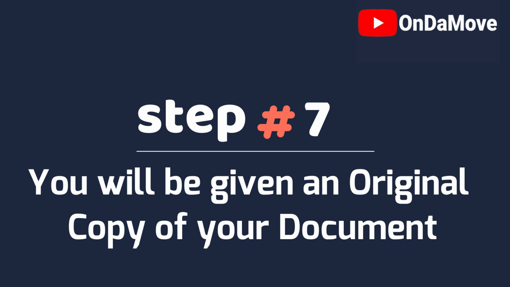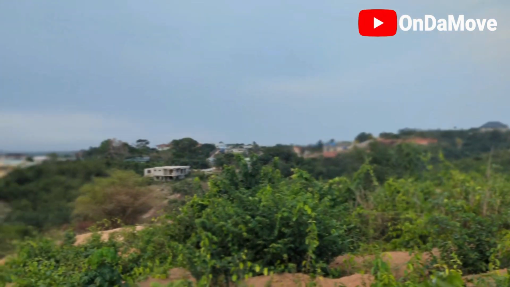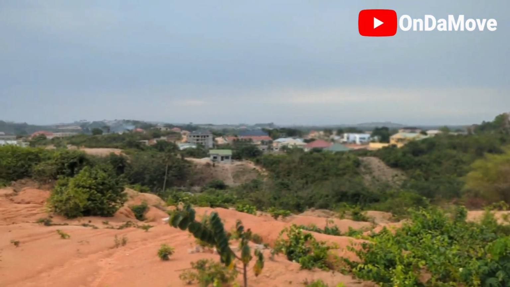After you've passed through the Internal Revenue, the IRS, and received your tax clearing certificate, you proceed to the lands department deeds of registry, where your document goes through the final steps and you are issued an original deed of registry.